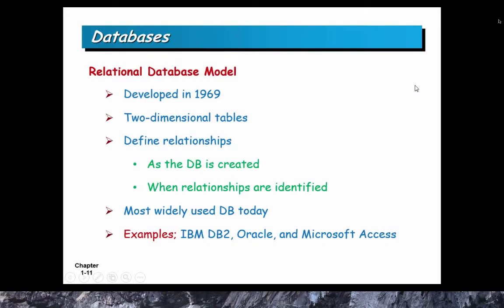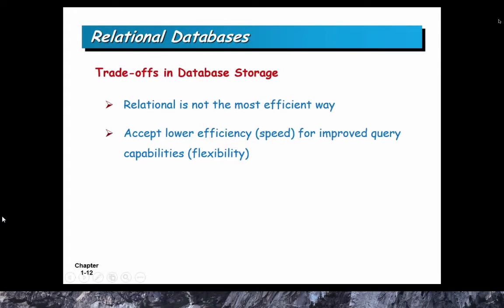Talking about relational database systems, they've been around for a long time, and they take up more processing power than some of the hierarchical systems or flat file systems, which is why it wasn't until the late 1990s that you saw them become the database system of choice. Now pretty much everyone uses relational databases in any new build. So the trade-off with relational databases is that it's not the most efficient way to build a system.